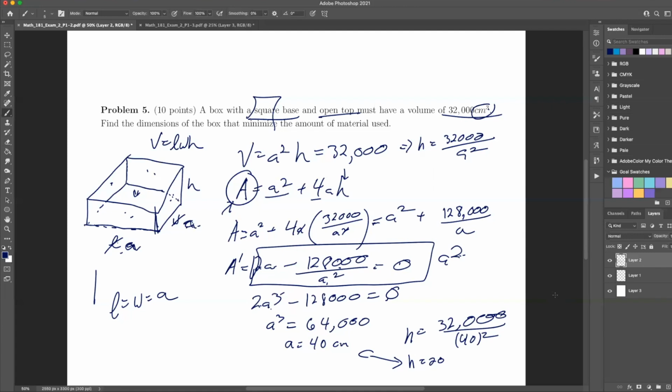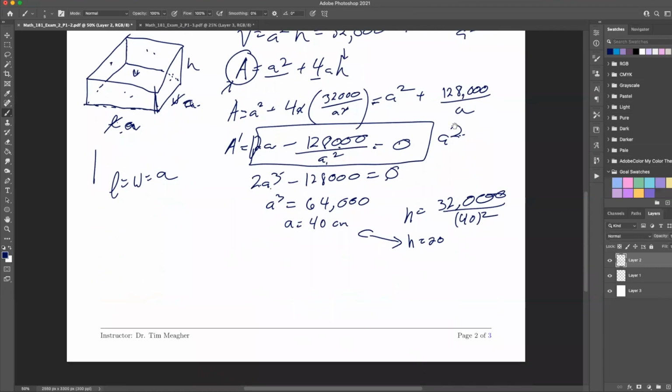It's called clearing the fractions. So if you have exponents in the fractions, or variables in the fractions, you just multiply the equation by all the denominators, and it gets rid of them. Okay.